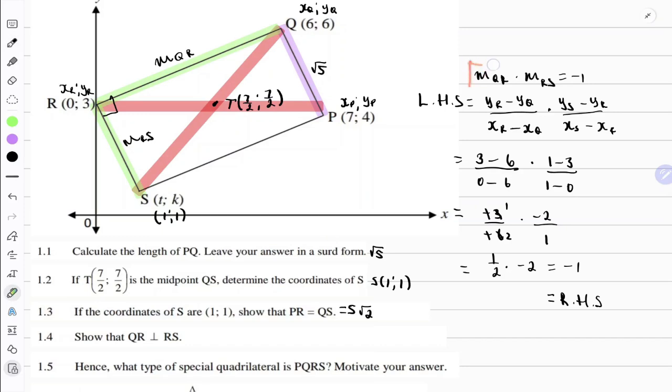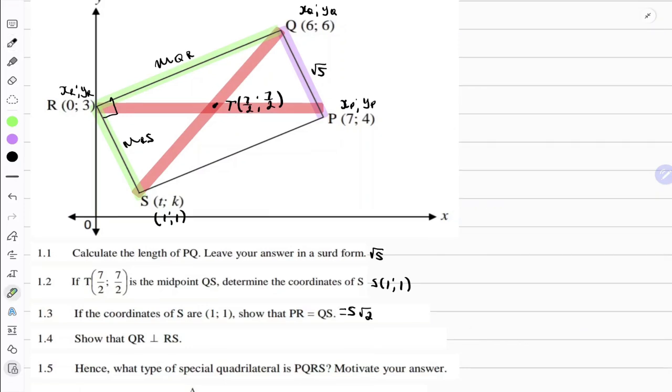So we've just proven this condition, and now we can say therefore QR is perpendicular to RS.